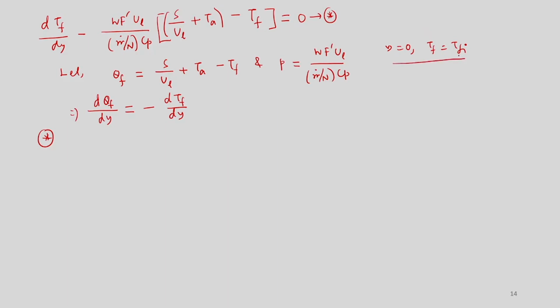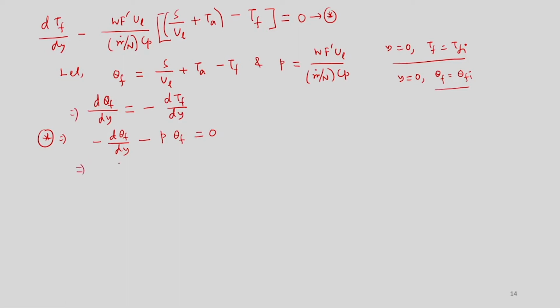If we modify this boundary condition, if y is equal to 0, then we have theta f equal to theta fi. So, equation star implies minus d theta f by dy is equal to p, and this part, theta f, is equal to 0.